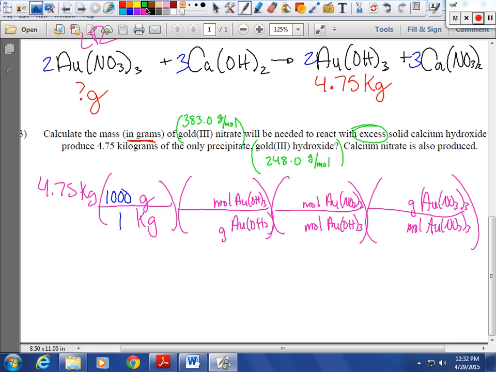Sorry, I left that out from that whole first part. So we're going from kilograms to gold-3 hydroxide to grams of gold-3 nitrate. The setup should look understandable, and I know I kind of slopped that mess up there.